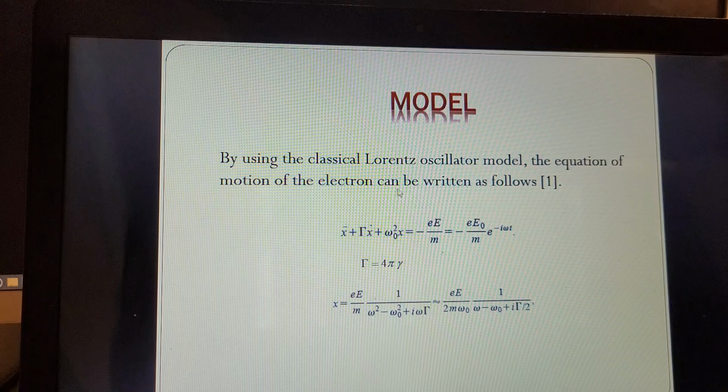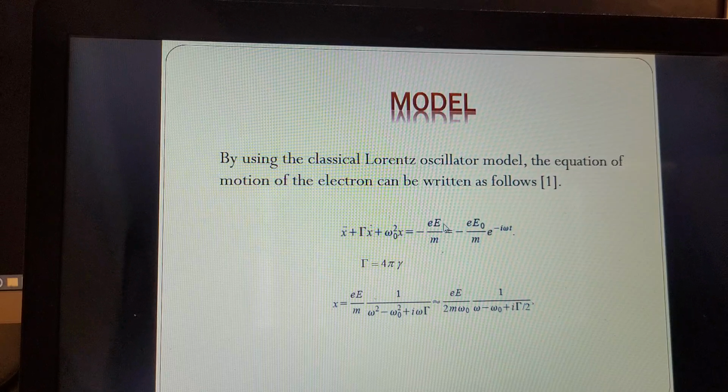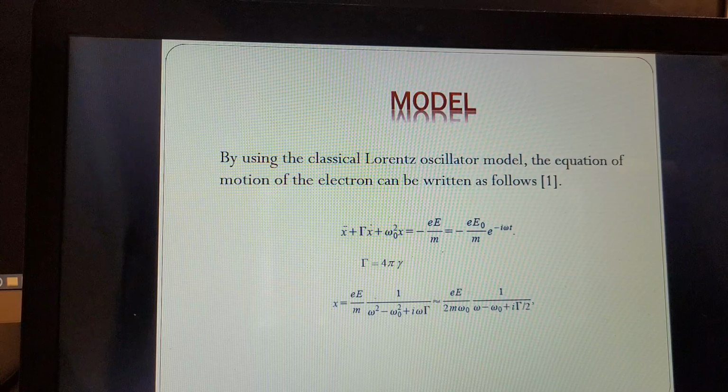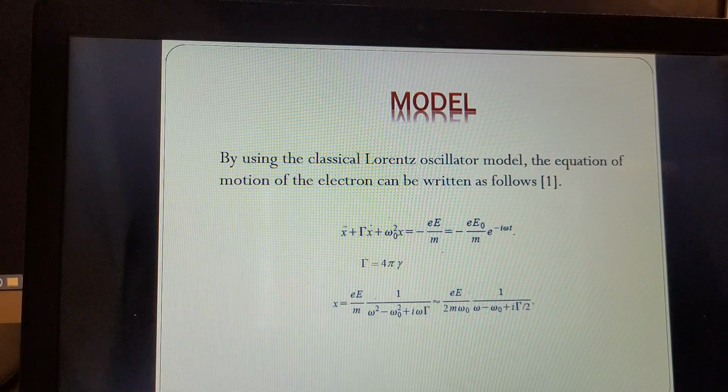By using the classical Lorentz oscillator, we know that there is also a force that is called the electric force. This electric force can be written in this form: minus e E, where e is for the electron and the capital E is for the electric field. So minus e E divided by m, we know that this is an acceleration term.